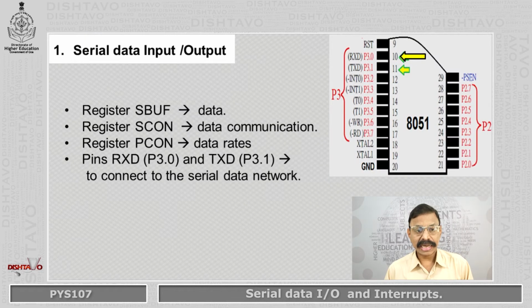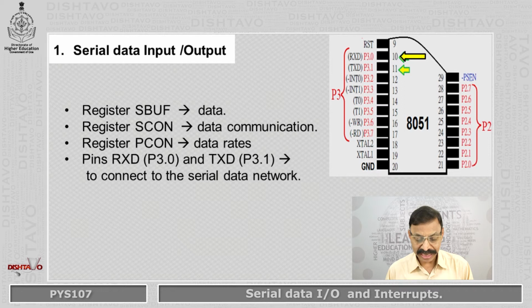Serial data input output. Computers must be able to communicate with other computers. One cost-effective way to communicate is to send and receive data bits serially.